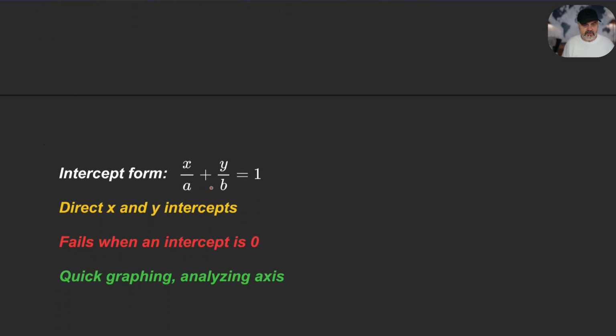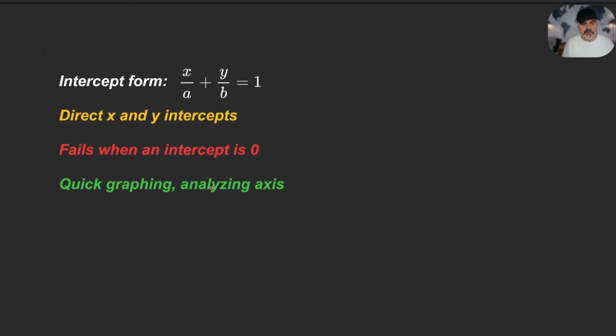And then we have a less known equation of a line that allows you to identify strictly the x and y-intercept. The only challenge is when the x or y-intercept happens to be at the origin. So that's obviously not a very useful equation, because the coefficients a and b cannot be equal to 0.